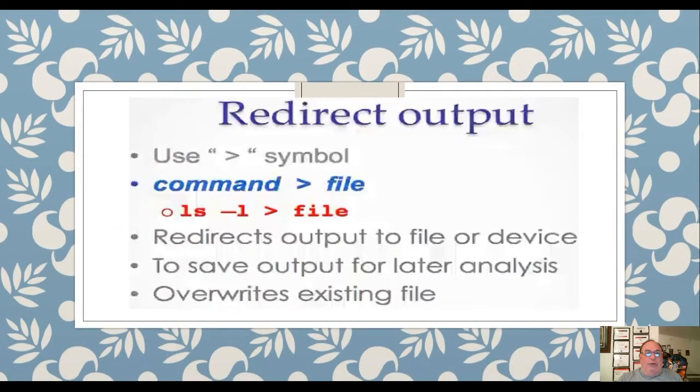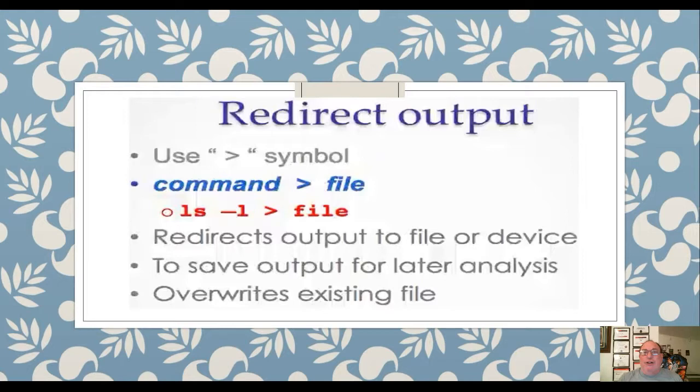The redirect command, we could also use the greater than sign. Let's say you have a command, and then you use the little arrowhead, the greater than sign, and then a file name. What that does is it actually puts the output into a file, which you could then do anything with.